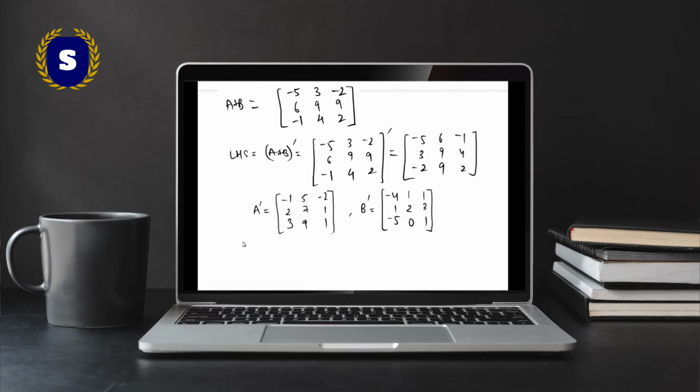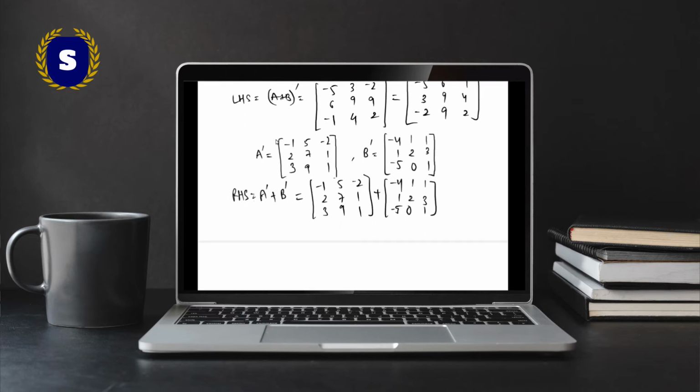Okay, making use of it, we'll calculate the right hand side, that is equal to matrix A transpose plus matrix B transpose, that is equal to minus 1, 2, 3, 5, 7, 9, minus 2, 1, 1, plus minus 4, 1, minus 5, 1, 2, 0, 1, 3, 1.